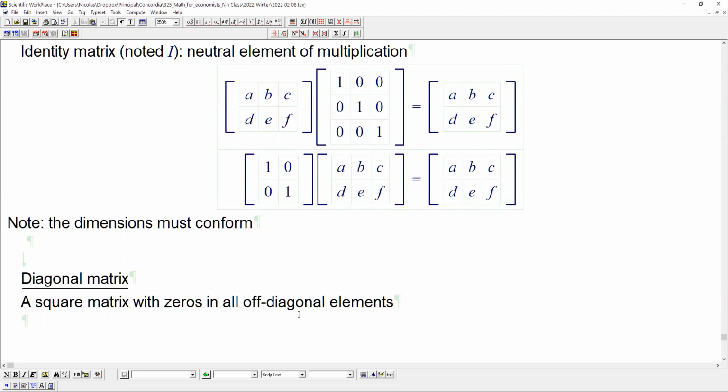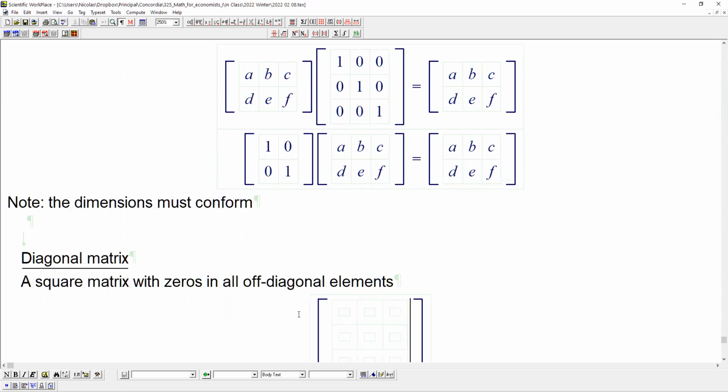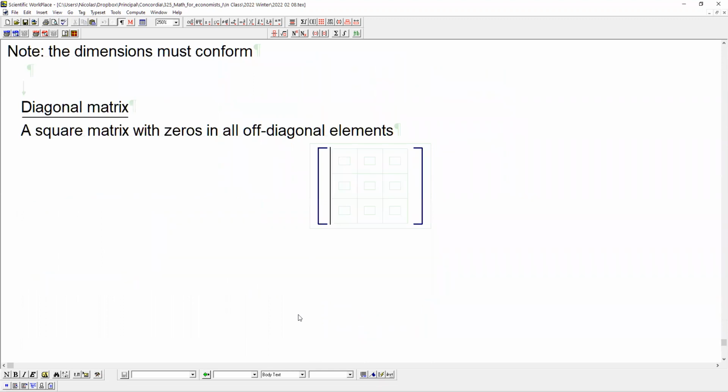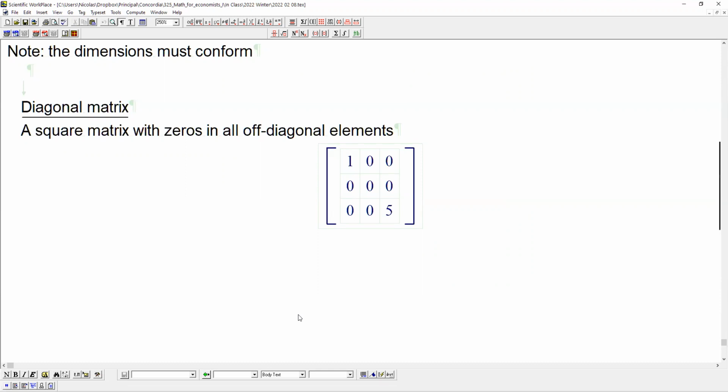So for instance, here I pick 3, 3, and something like 1, 4, 5 on the diagonal, as long as the rest is 0. And usually you can use this to scale things up, which sometimes comes up in econometrics, but not going there.